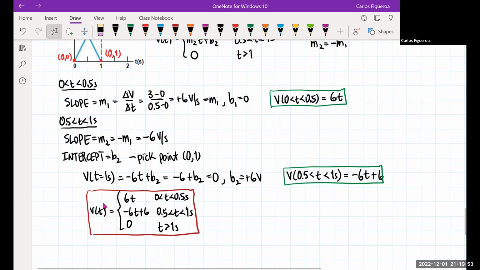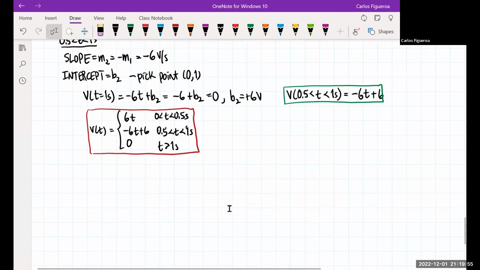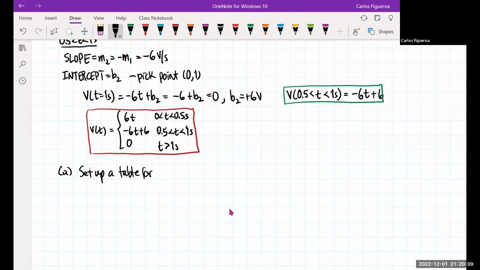So now I can solve the problem. What I'm going to do here is set up a table for organization.